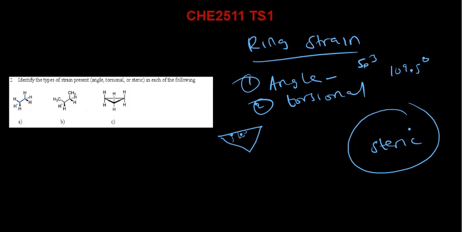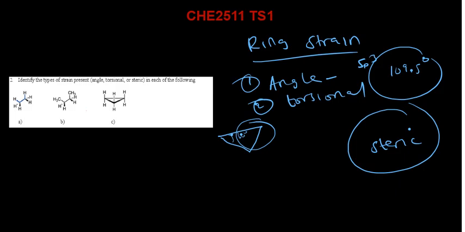So that's 109.5 minus 60, that's like negative 49.5. It's a large amount to depart from. Imagine this is your ideal bond angle, and then you get this. As a result of that, we have angle strain, because there's some structural constraint.